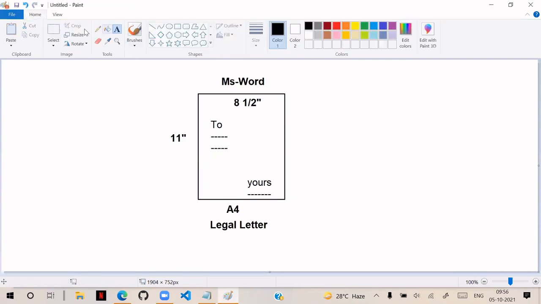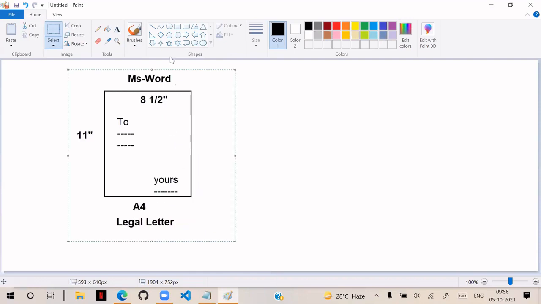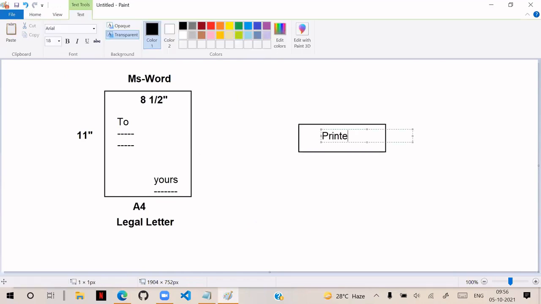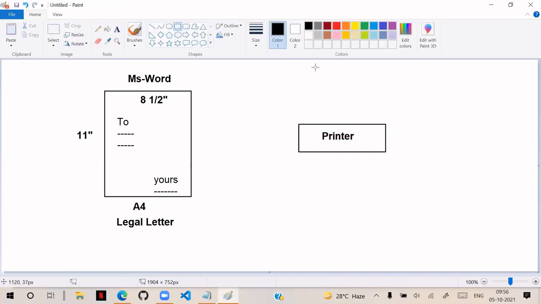After preparing the letter in MS Word, we have to print this on a printer, and they give a paper, and this is the company's letterhead.